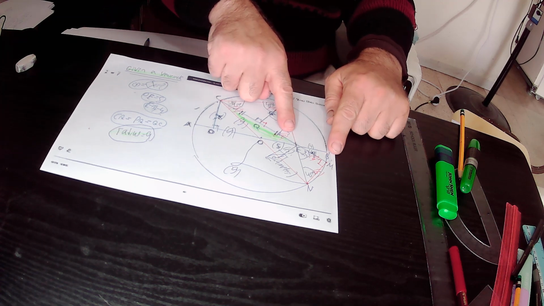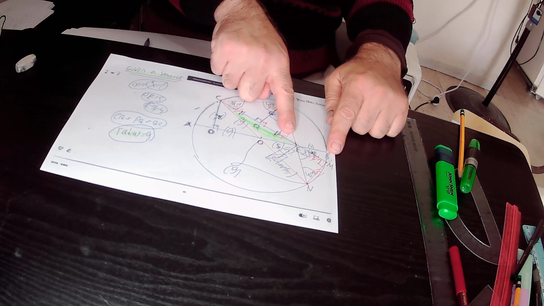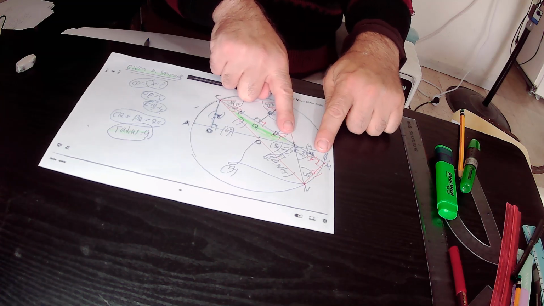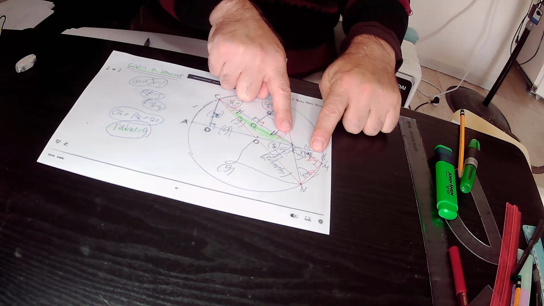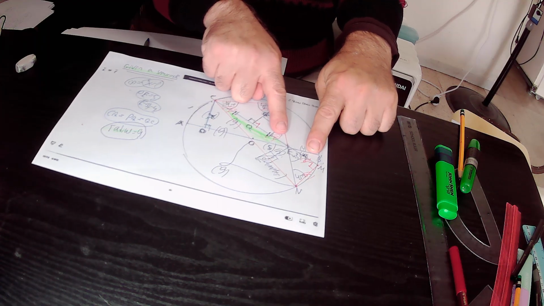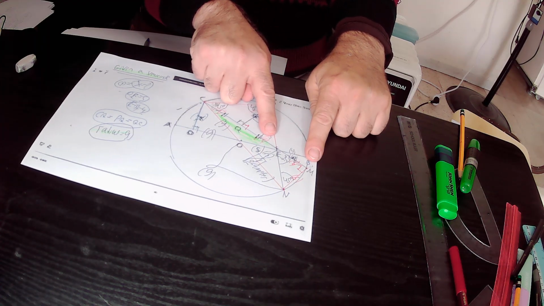Times EM. EM equals B here, the red letter is B. EM equals B units according to our definition.